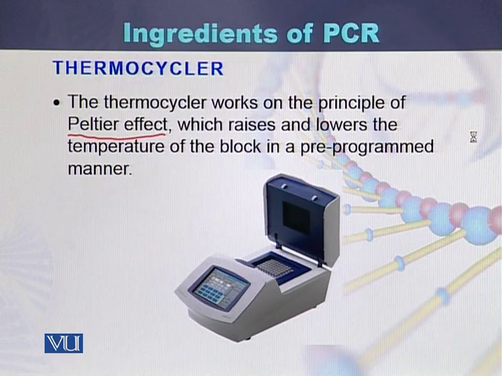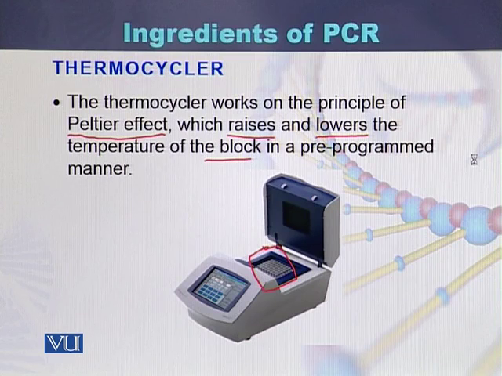So once we have to increase the temperature, and during the next step we have to decrease the temperature, such a process is called the Peltier effect. So the Peltier effect raises and decreases the temperature in a block. This is the block. Here we can see the block of the PCR.